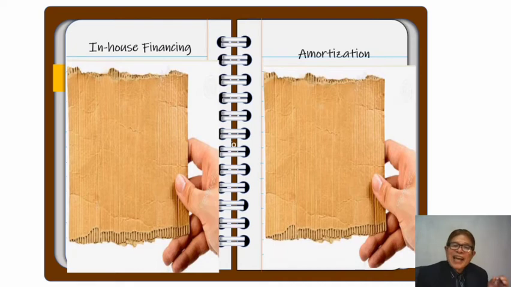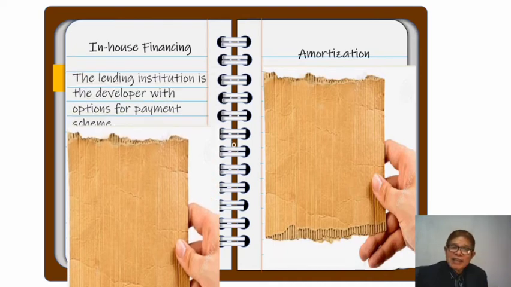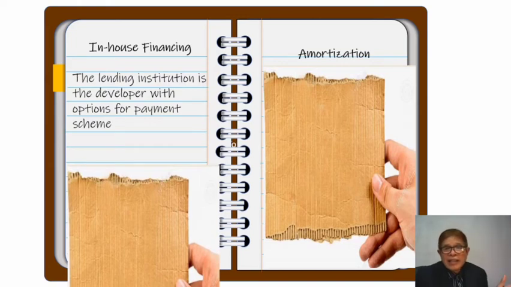What is in-house financing? In in-house financing, the lending institution is the developer, with options for payment scheme. Proof of income and other strict documentary requirements may not be enforced by the developers for their in-house financing.